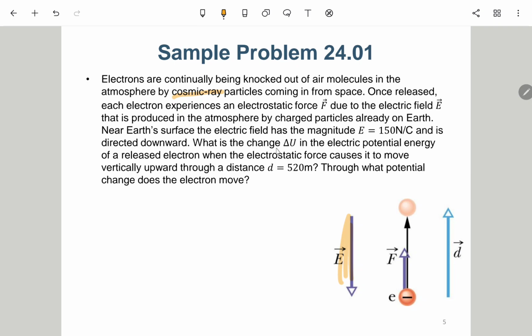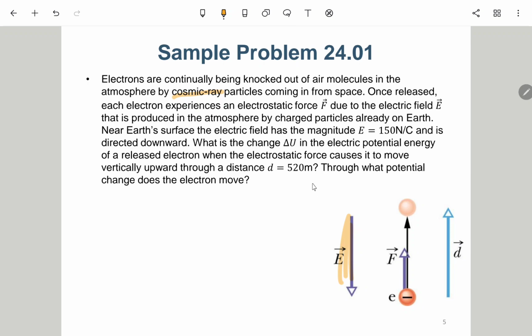What is the change delta U in electric potential energy of a released electron when the electrostatic force causes it to move vertically upward through a distance d equals 520 meters? Through what potential change does the electron move?